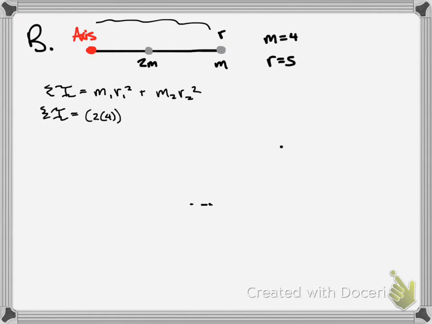We know that r1 is going to be 5 divided by 2, because 5 is just r, and M1 is located in the center of the rod right here. And we know that M2 is just 4, and R2 is just 5. So you just solve and you get that the answer is 150 kilograms times meters squared.